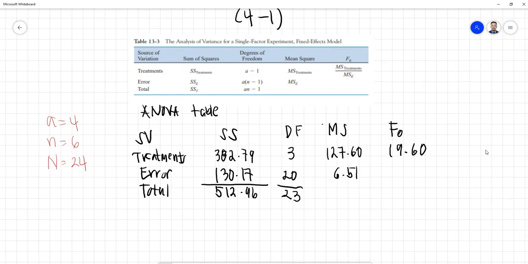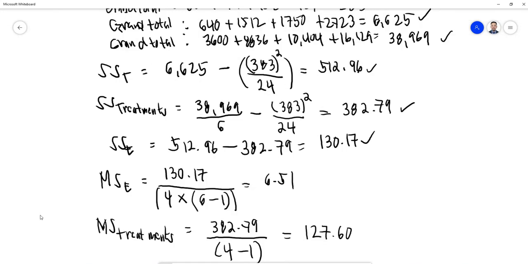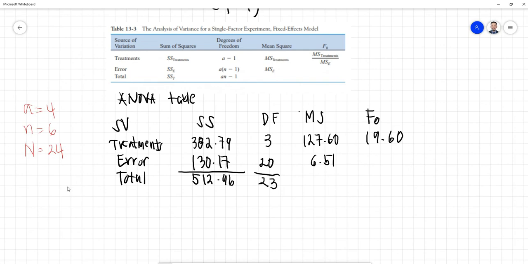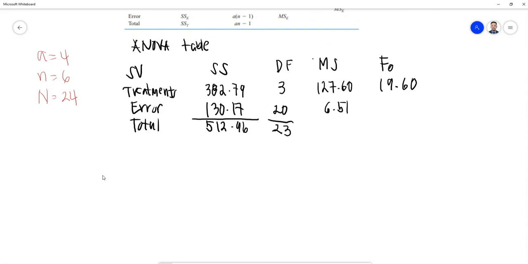Now, we will create the analysis of variance table using these formulas. We can see that the values are similar to what we got a while ago. And then in this portion, we will get the F stat, which is the MS treatments divided by MS error, will give us 19.6. And from here, we will conduct hypothesis testing.